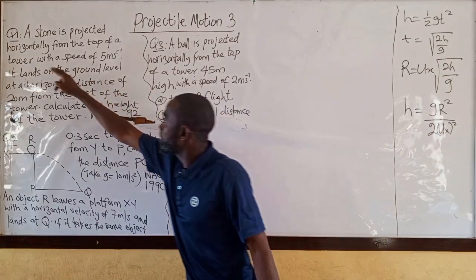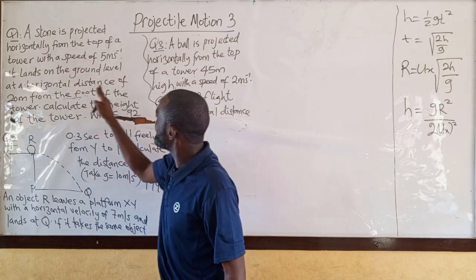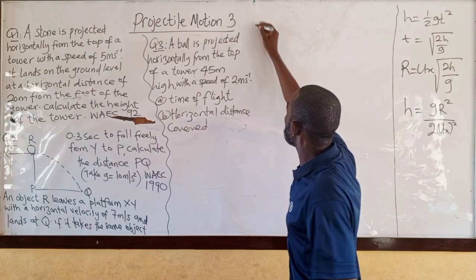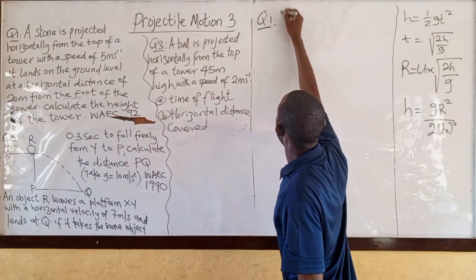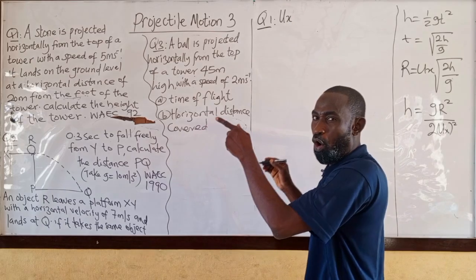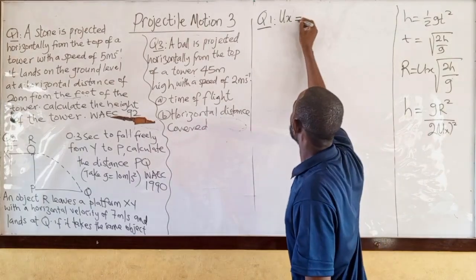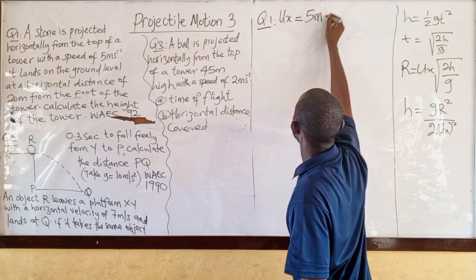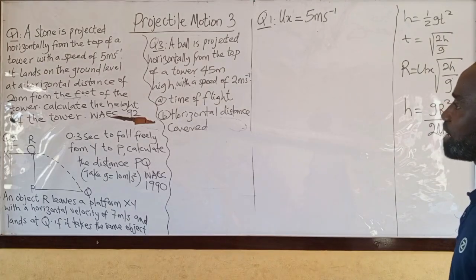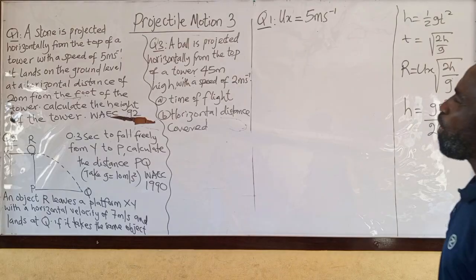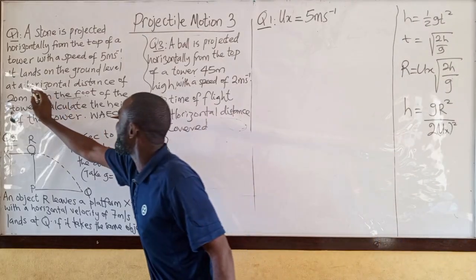But here, because it is horizontally, it means this 5 is our u of x. So solution question 1, our u of x, the horizontal velocity, is equal to 5 meters per second.